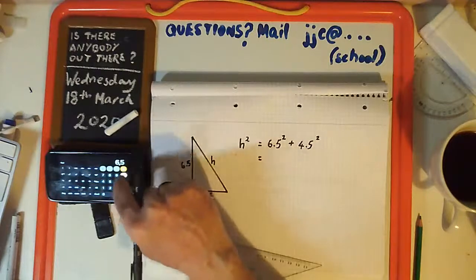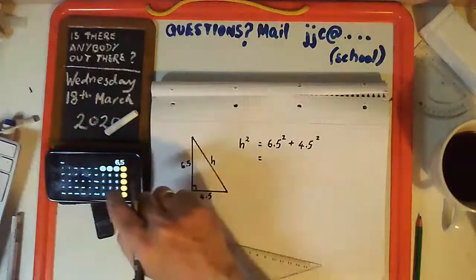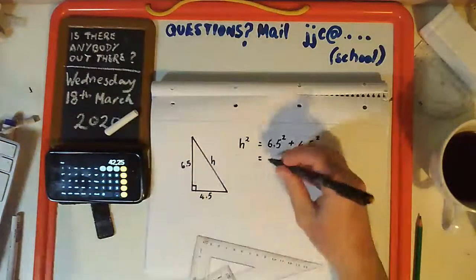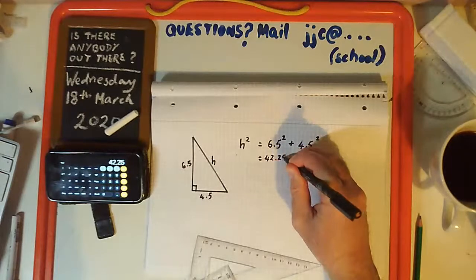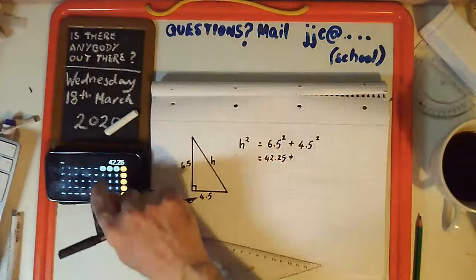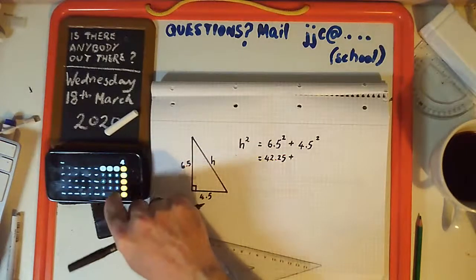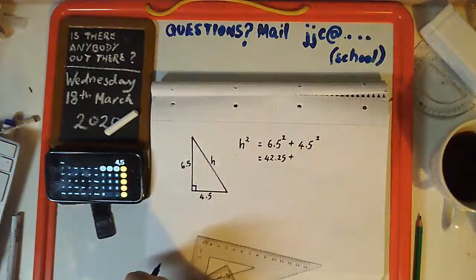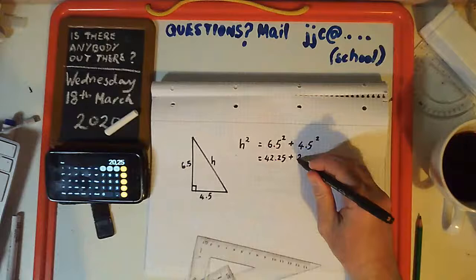So 6.5 times 6.5, top of my head, is that 42.25? Yes, it is. Brilliant. Brain's working. 42.25 plus 4.5 squared. 4.5 times 4.5. Oh, is that 20.25? Yes, it is. Wow.